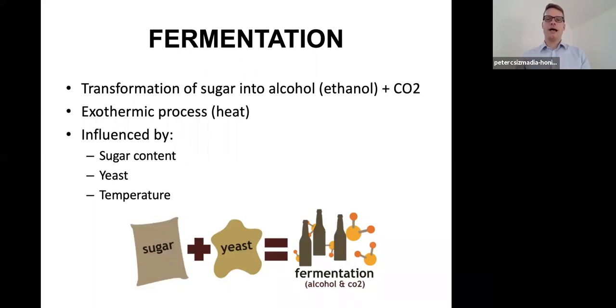Whereas with commercial yeasts, you're able to select exactly the type of yeast you want, what characteristics they have, and therefore manage your fermentation more closely. This is normally desirable when wineries make larger quantities of wine, to ensure the consistency of their style, what we often call the house style.